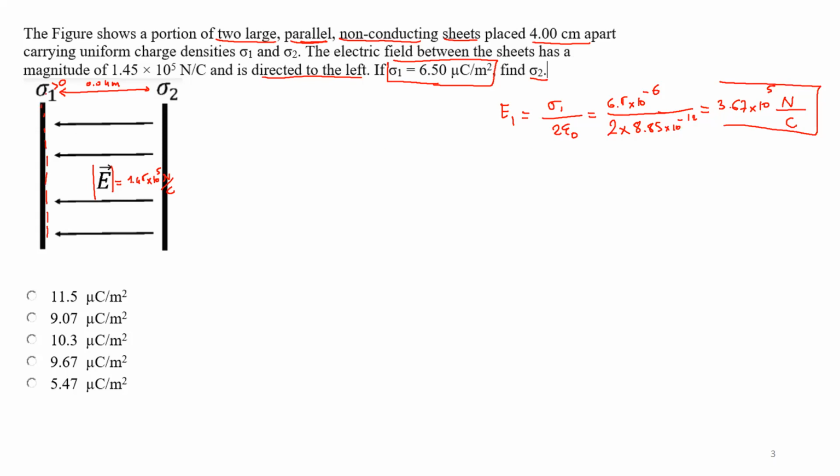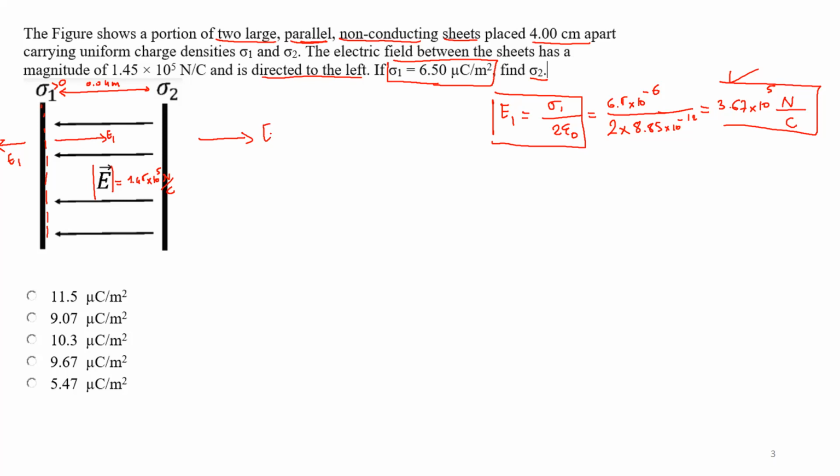Okay, so sigma 1 is positive. Of course, I know the magnitude of the electric field, and you see it does not depend on the position. This is a constant, in the vicinity of my plate. And sigma 1 is positive, that means it's pointing normally, radially away from sigma 1. So my E1 is pointing in this direction, of course with the same magnitude.